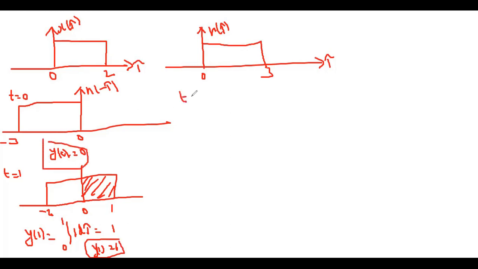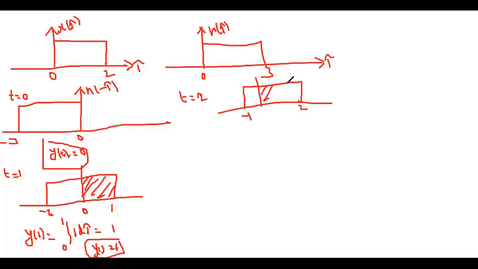Again, at t equal to 2, it moves further towards the right side, starting at minus 1, from minus 3 to minus 1, minus 2 to minus 1, 0 becomes 1, and it becomes 2 here.